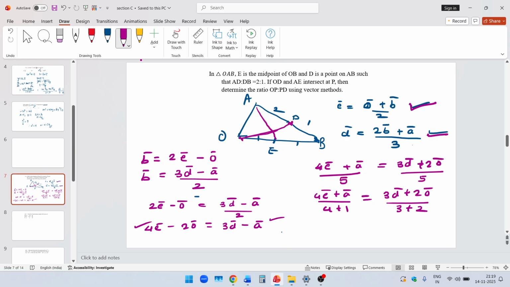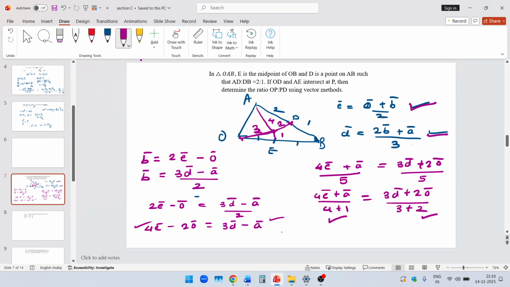The one on the left hand side says that there is a point which is dividing AE in the ratio 4:1, right? Whereas the formula on the right hand side says that there is another point which is dividing OD in the ratio 3:2, sorry, 3:2.